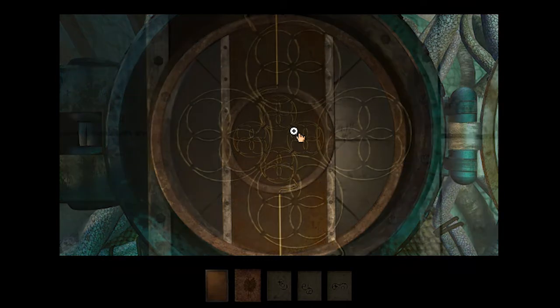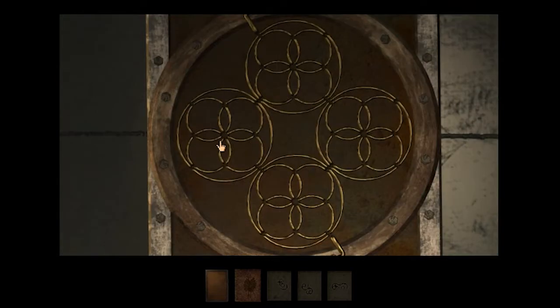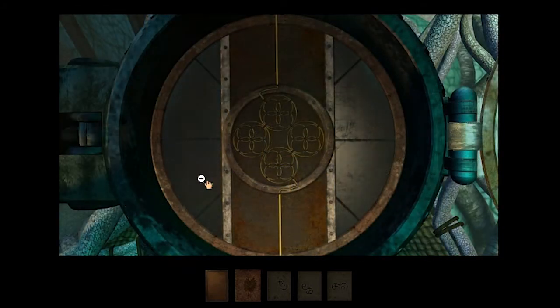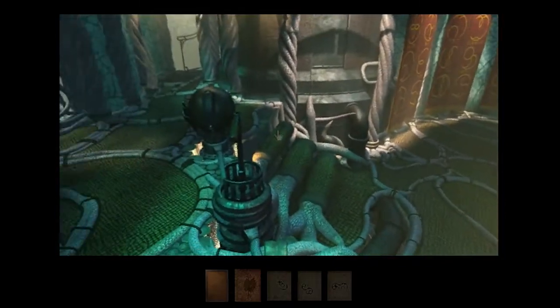All right, so we have 4 symbols. Now it's interesting because we have 4 symbols per each of the main 3 phases. I'm only seeing one of them here.